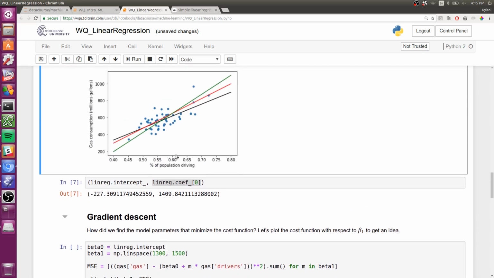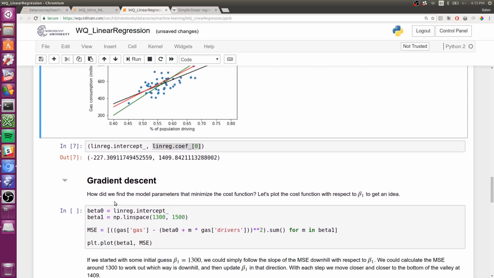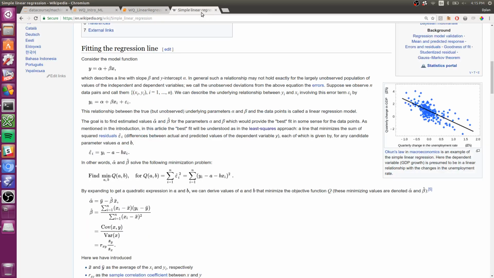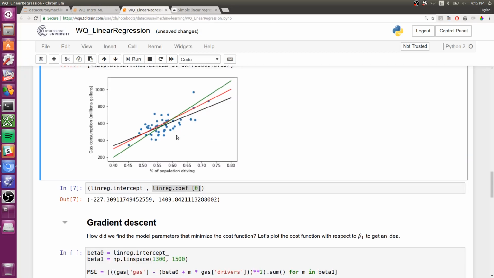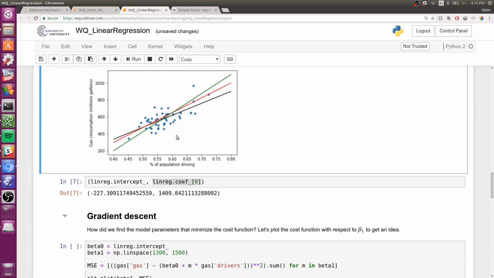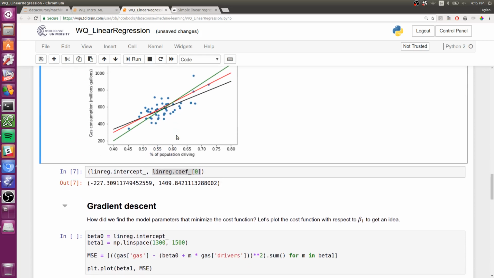So I mentioned, in general, it's not going to be possible to use this analytic solution to find the best model parameters for minimizing the mean squared error. And there's a number of reasons that won't always be possible.